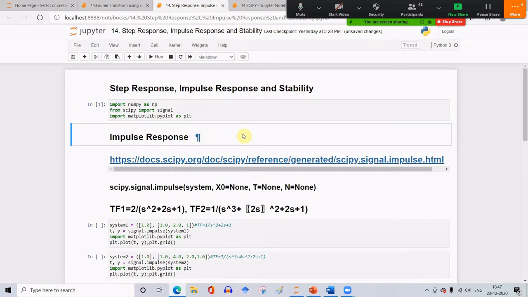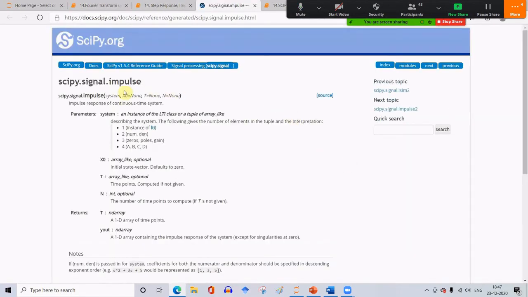Okay, first let me find out the impulse response. So this signal.impulse, you can go to this and find out what it is. It takes as its first argument the system that you want to get the impulse response of, and the remaining ones are default keyword arguments set to None, so you need not worry about it.